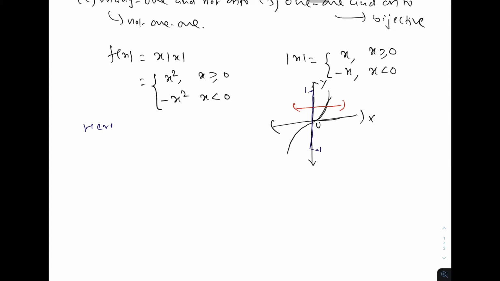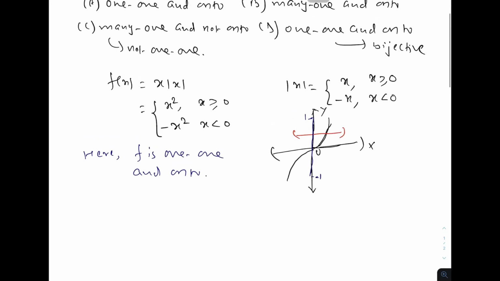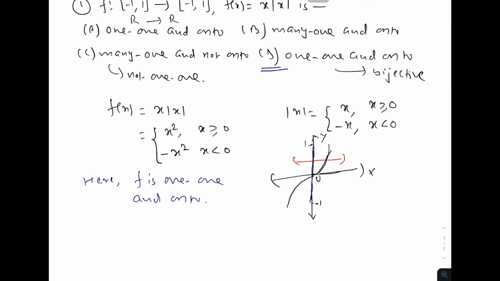So here f is one-one and onto, so the answer is one-one and onto. Here two options are the same, so let us write the last one like this: one-one and not onto.